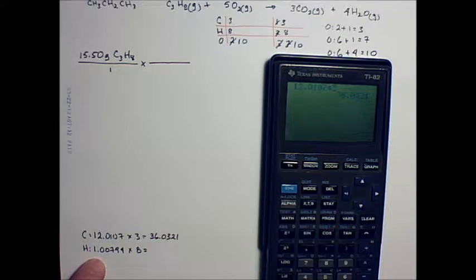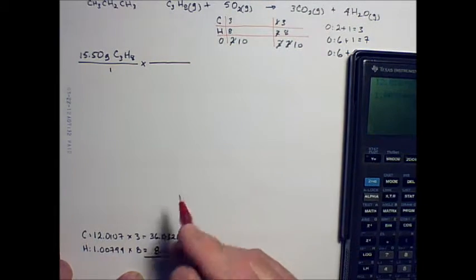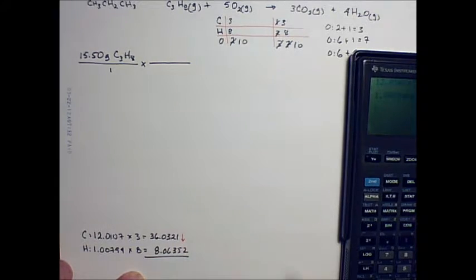And then hydrogen's 1.00794 times 8. And I will keep all my numbers lined up nice and neat here. 8.06352. I want to keep it lined up nice and neat because then I can see that I've got an empty slot in this column, and that'll tell me what to round off after I add.